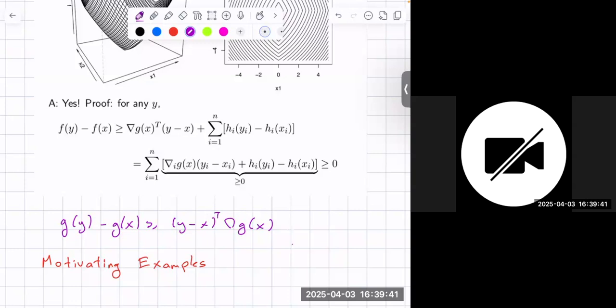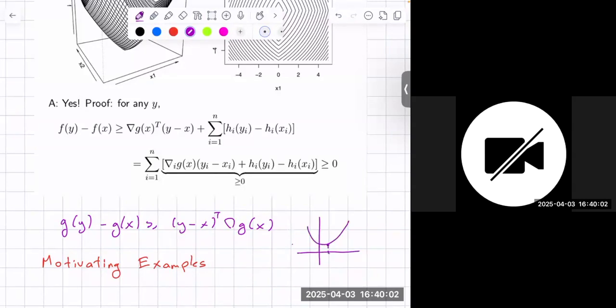Right? So if you go from x to y, the change in the function is always bigger than if you would go in that line segment and multiply it with the gradient. That's a way to think about convex and differentiable stuff. Hopefully you remember when we talked about this, we were plotting convex stuff like this, right?